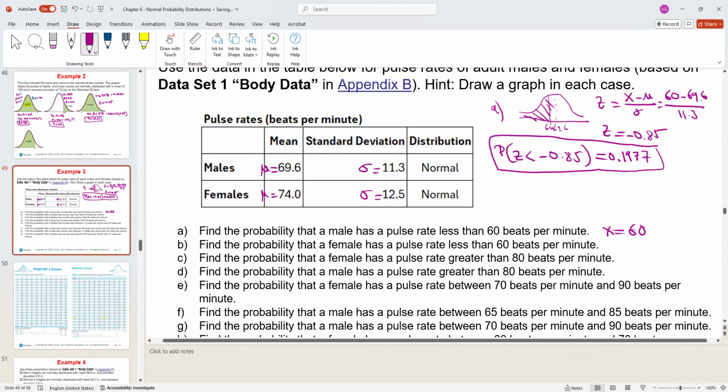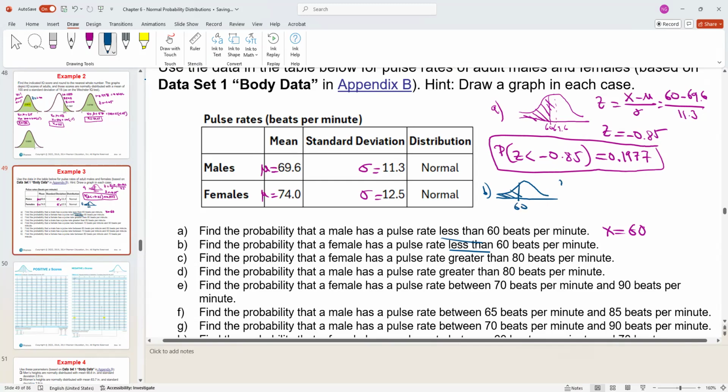If you want to do B, I can do B, but it's still the same thing, to show you for female would be different. If you do B for female, remember we're gonna do 60. Because it said less than, you are on the left of 60.